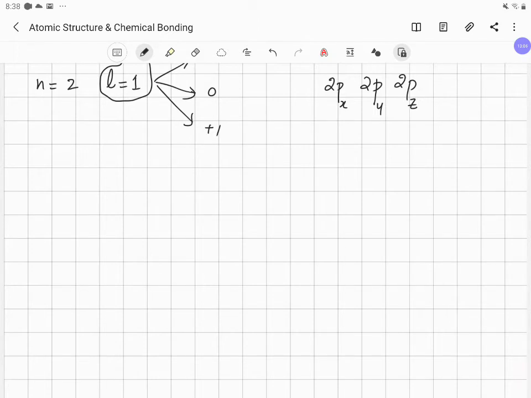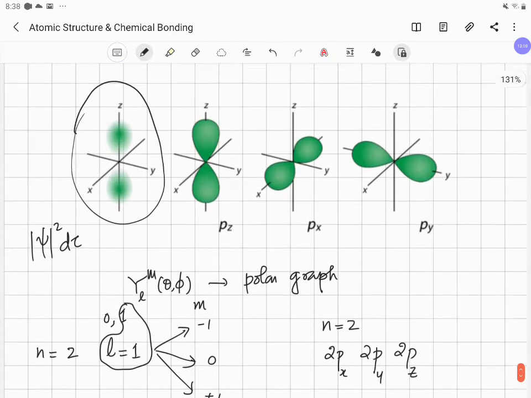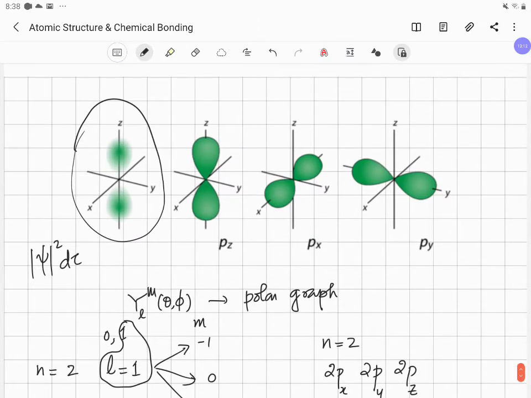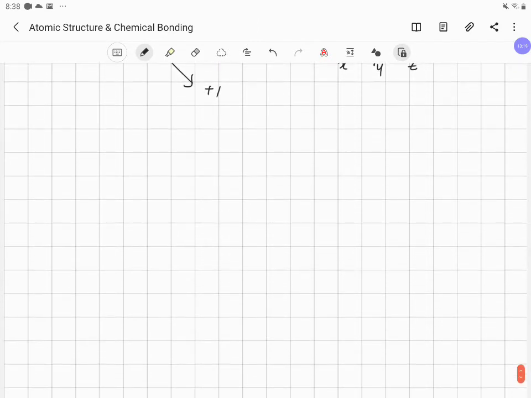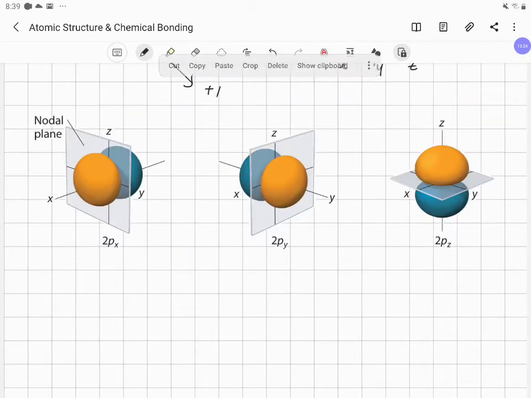Okay, now we have seen that 2p atomic orbitals are of three kinds: 2pz, 2px, and 2py. Now, if I plot it this way, this is actually the plot for 2px, 2py and 2pz. We see that between the lobes there is a plane.